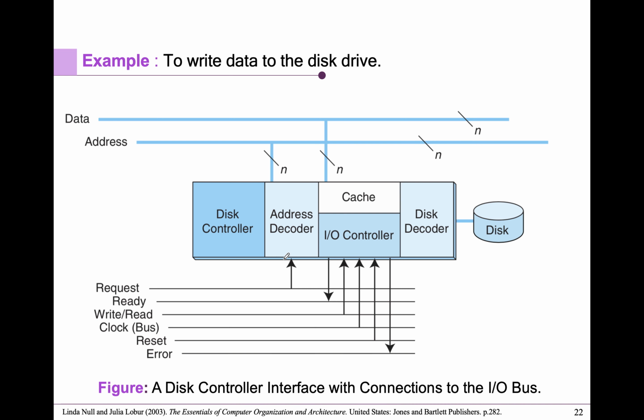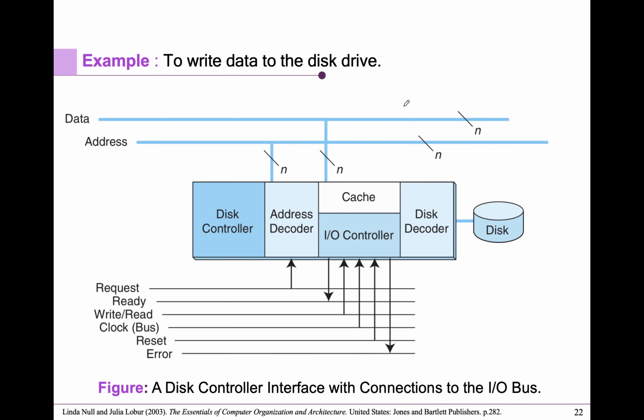Okay, this is the example to write data to the disk drive. So here is a disk controller interface with connection to the I/O bus. You have the data and address bus.